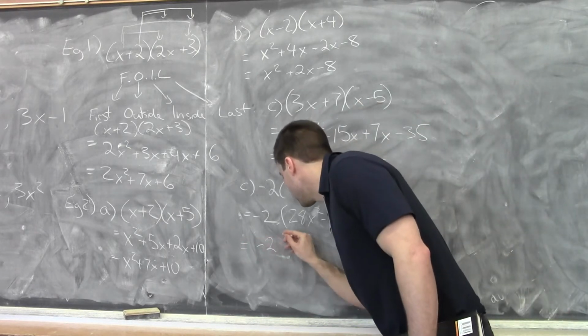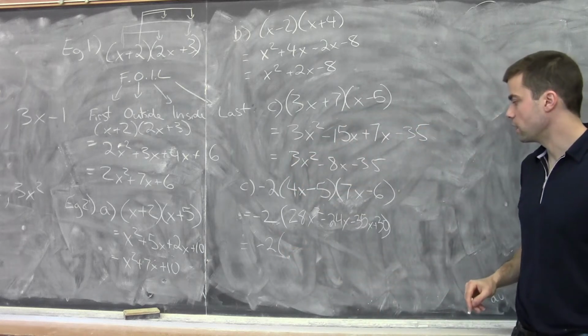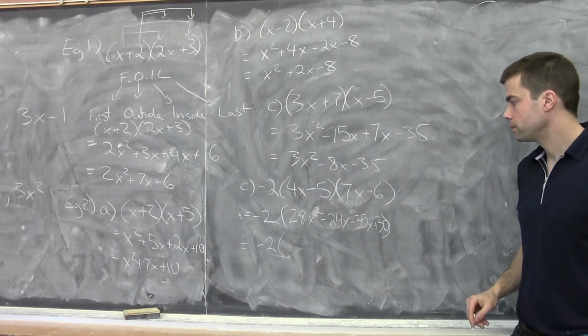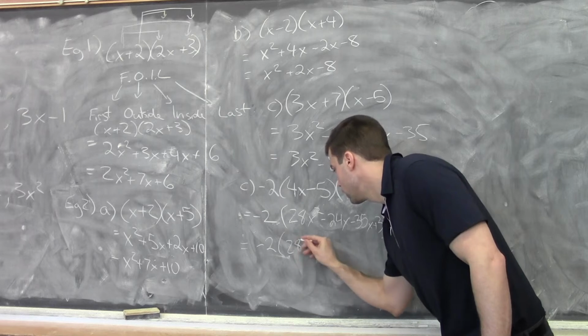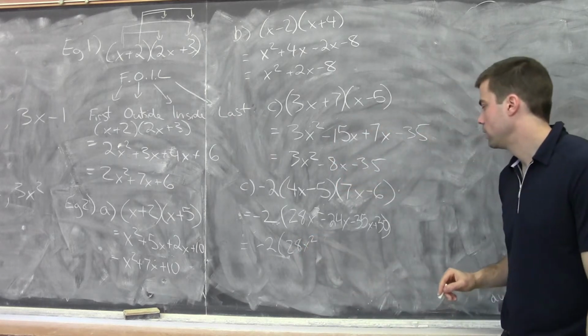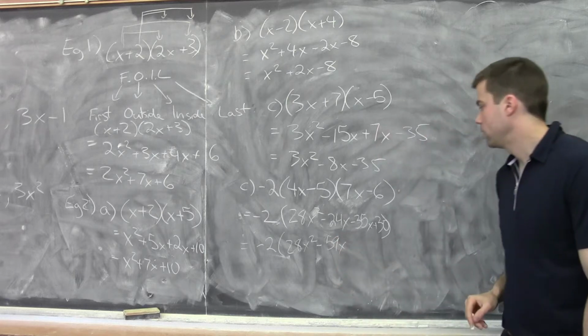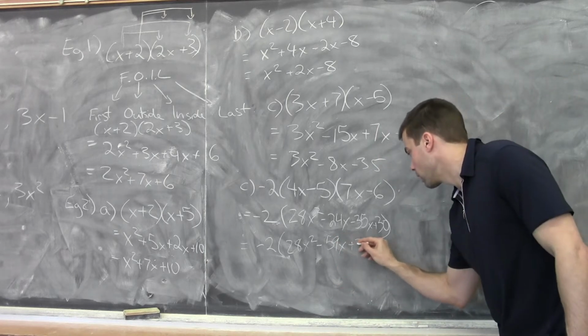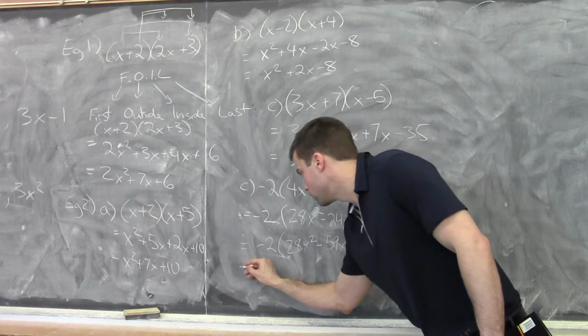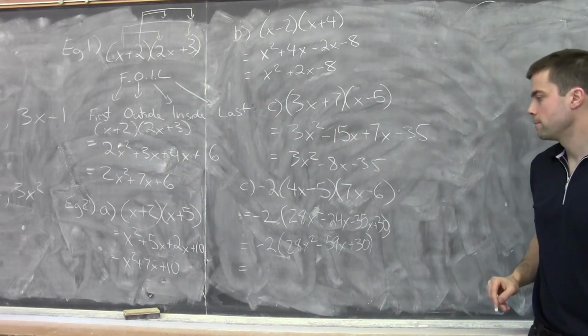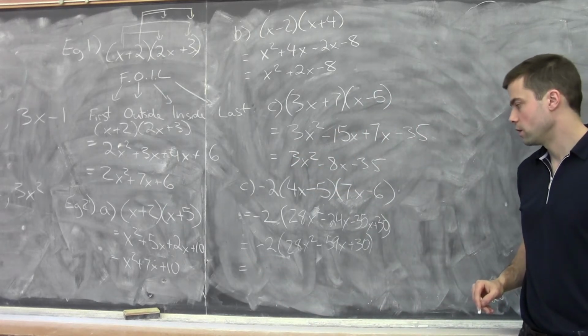So I'm going to leave negative 2 on the outside. What's on the inside of the brackets? 28x squared minus 59x plus 3. Good. Now you can tell me what I'm going to do next, and I'll let you keep going. I have to multiply the 2 to all the terms. Good.